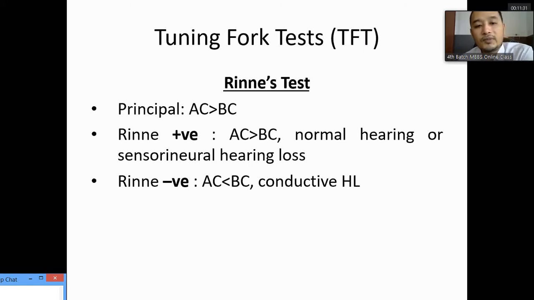So it seems that air conduction is less than the bone conduction. This happens in severe or profound sensorineural hearing loss of one ear. That's why it's called false Rinne's negative.